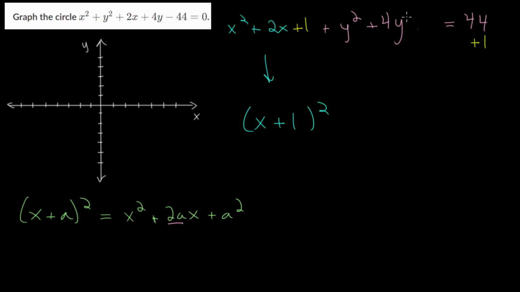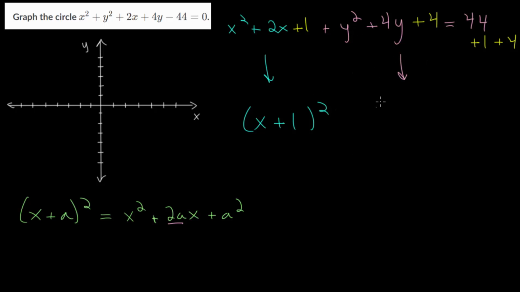Now with the y values, we will repeat the process. We look at the coefficient on y, we cut it in half, and then square that. So 4 cut in half is 2, and 2 squared is 4. So if we add 4 to each side of the equation, then this quadratic expression with y can now be transformed into a perfect square, just like we did with x.